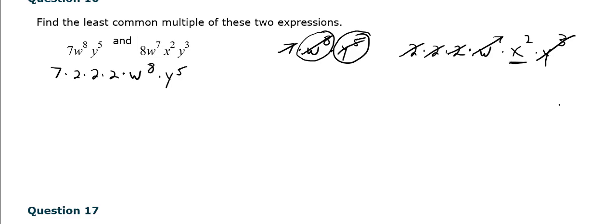And we still have the x squared, because remember, we use every factor the most times that it occurs. It doesn't have to be in both. So now we multiply. 7 times 2 times 2 times 2 is 56. w to the 8th, y to the 5th, and x squared.